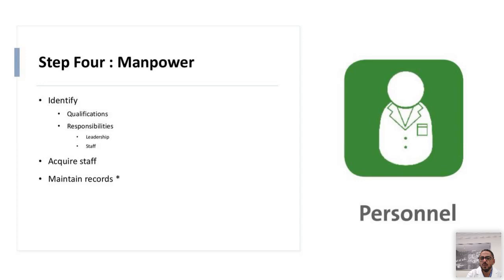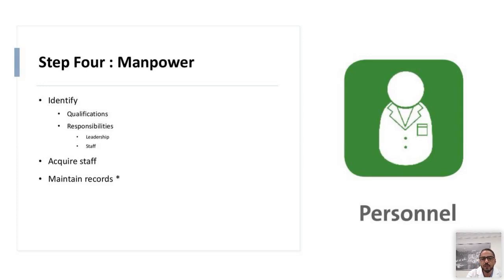Furthermore, you would come to personnel or manpower, the human resources. You would like to identify what manpower is needed. What kind of personnel do you need? What caliber of personnel do you need? Their required qualification. What responsibilities are they going to hold? In the context of the leadership, what responsibilities are they going to cover?